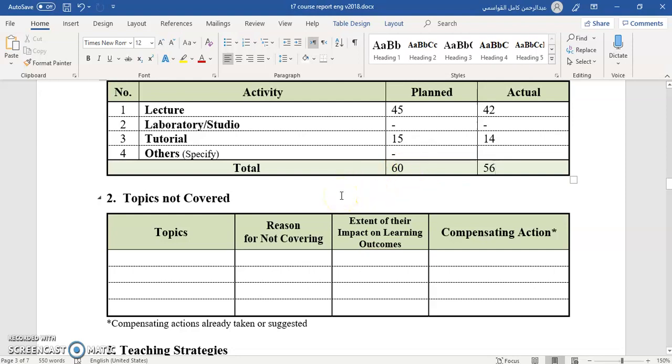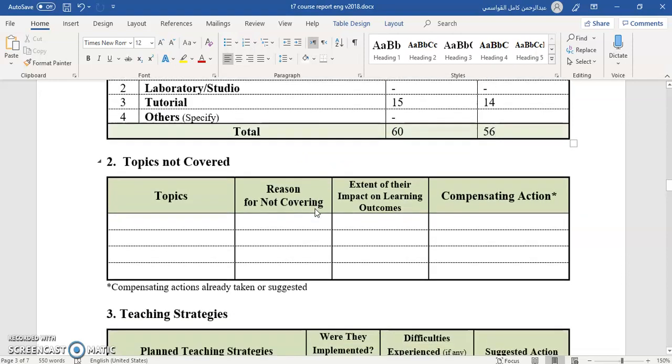Maybe you found that students needed some refreshment, or some complex topics, or they had difficulties in design or in solving some problems, so you didn't finish all topics.